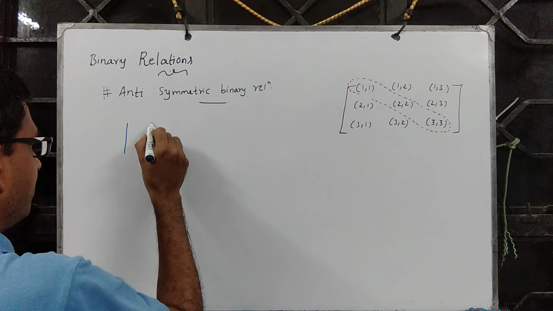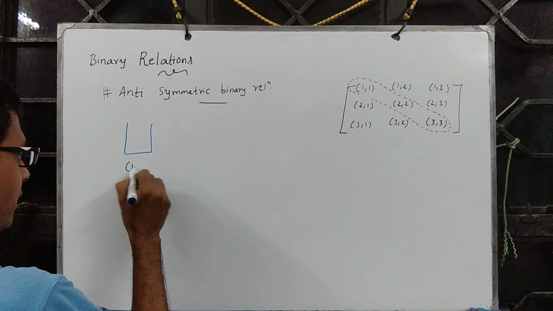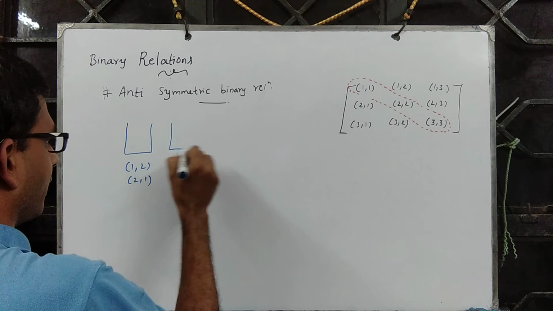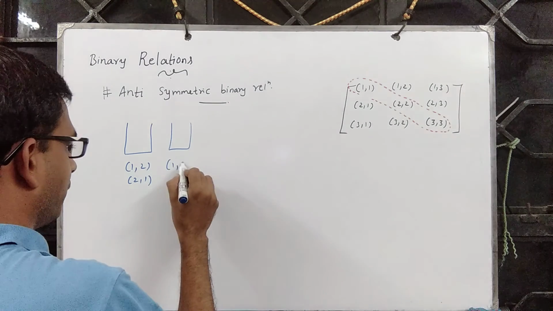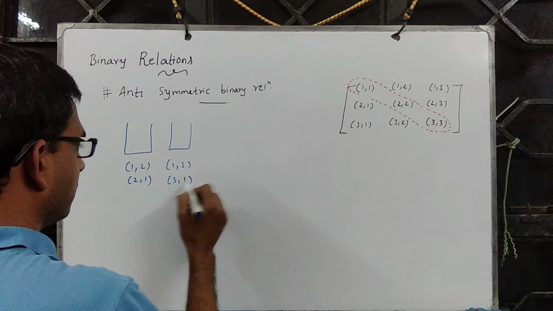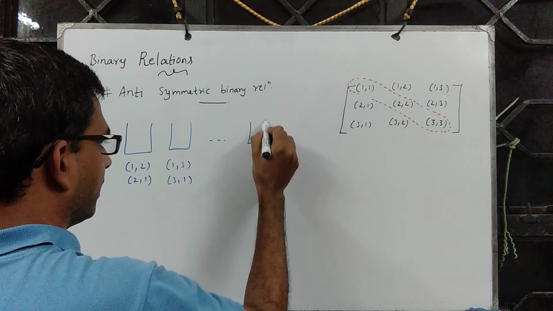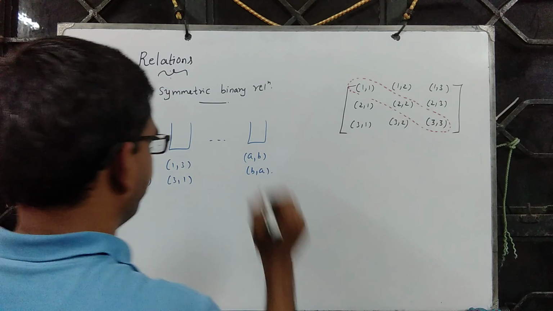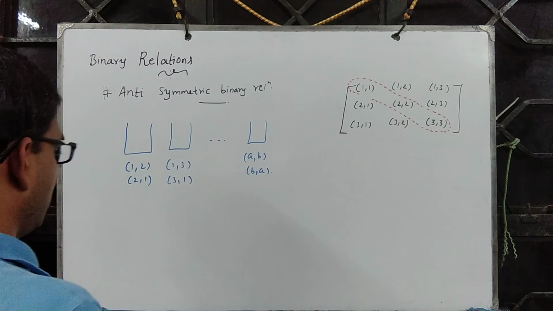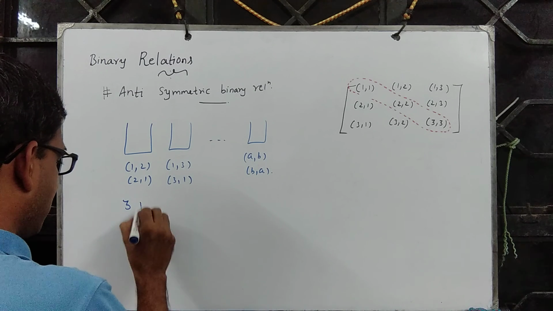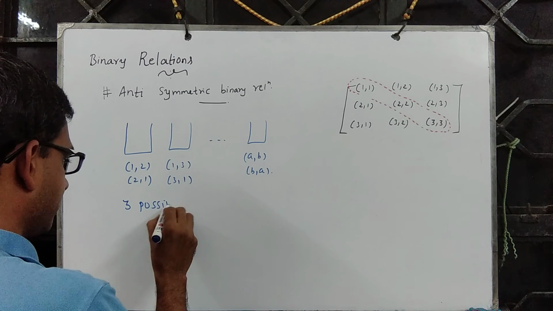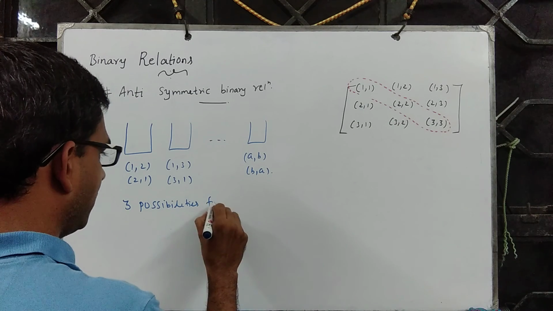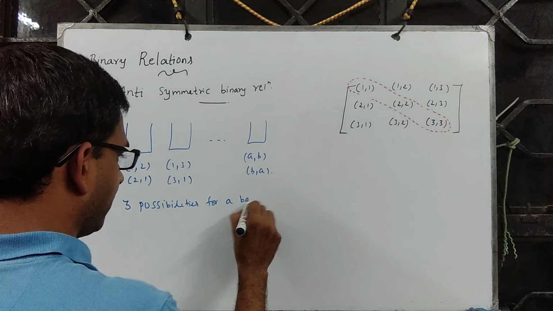Let's group them again: (1,2) (2,1), and say (1,3) (3,1). So in general, (a,b) (b,a). Now there are 3 possibilities for a basket.